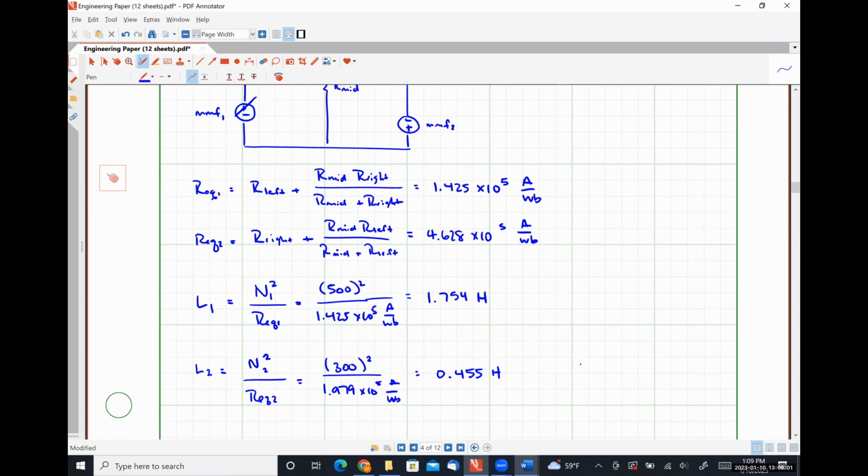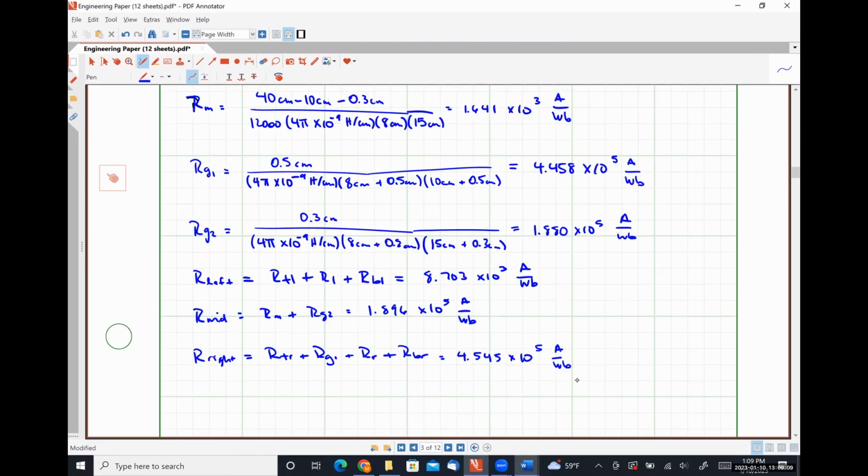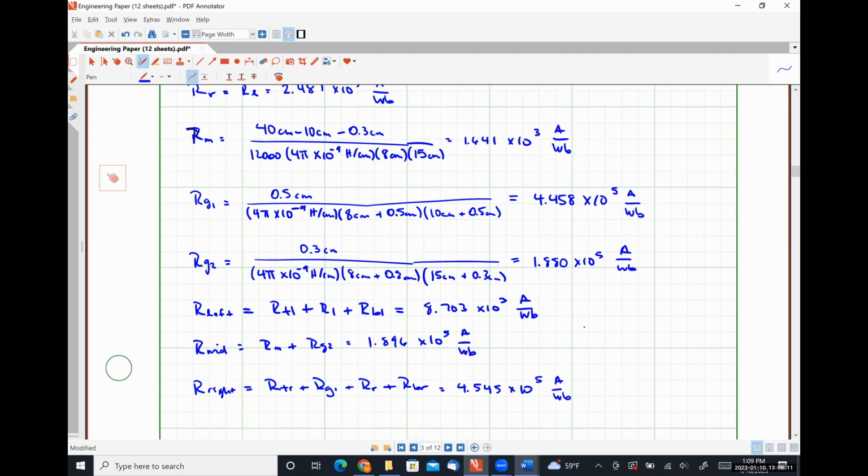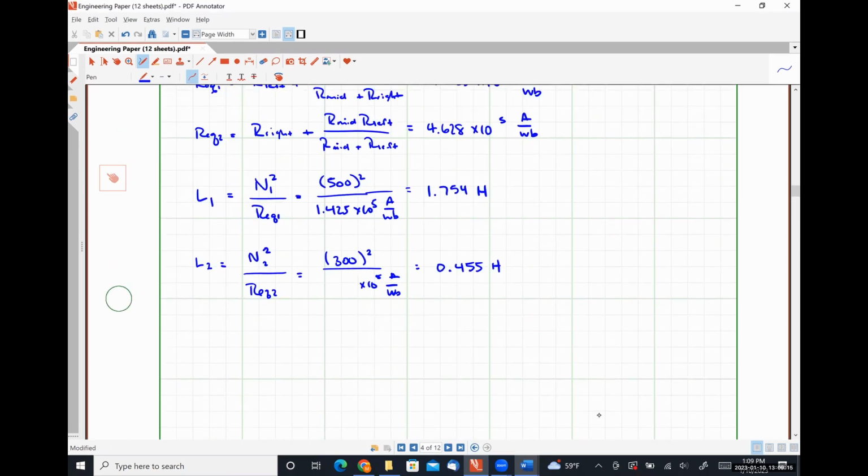So if we plug that in, I should have caught that actually, because there's no way it could have been less than R right, which was 545. Yeah, so I should have noticed that looked wonky.